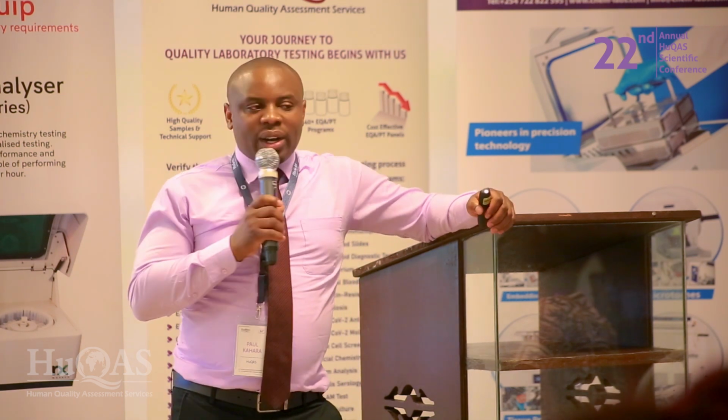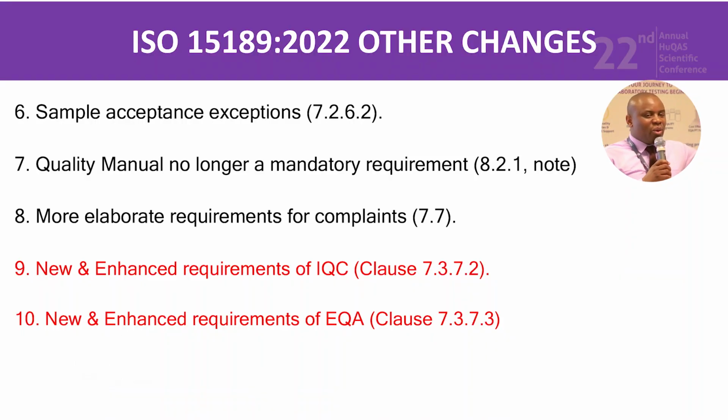Now, there's also a new requirement on sample acceptance exceptions. I know we have discussed previously about specimen rejection and specimen acceptance, and previously it was outright that if a sample is insufficient, if a sample is not of good volume, then you have to reject. Now, this new standard has a few exceptions on some samples that you can accept, even if in your own understanding, you feel they are not up to standard.